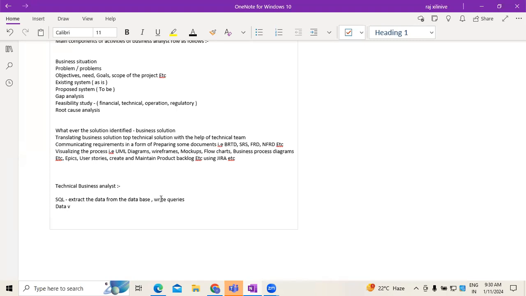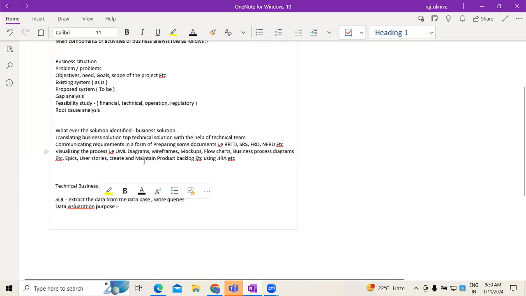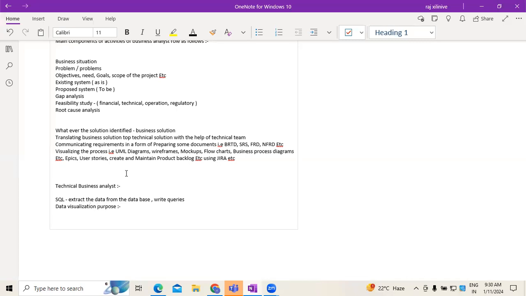Second, for data visualization purpose, because if we want to create any dashboards, for that we require Tableau or Power BI.